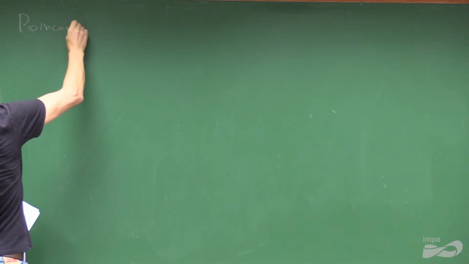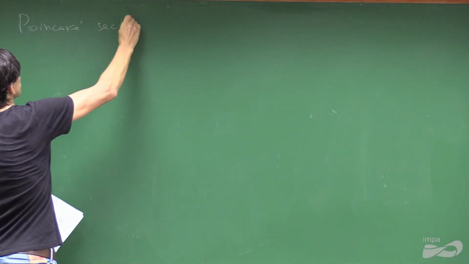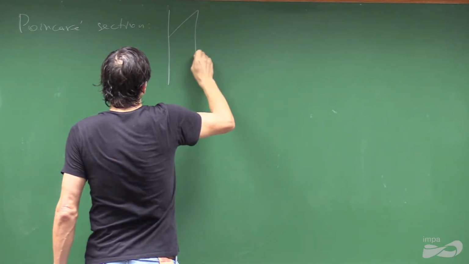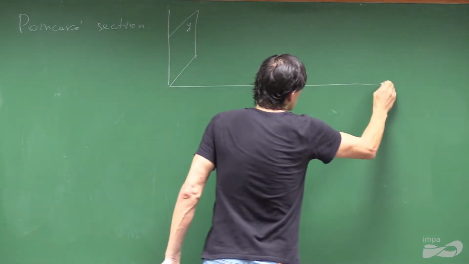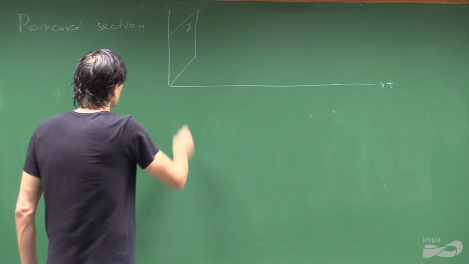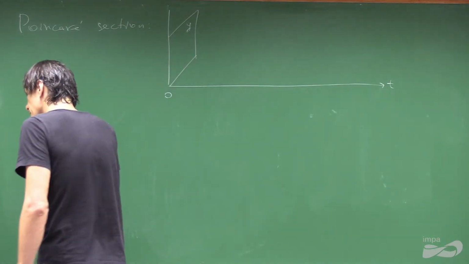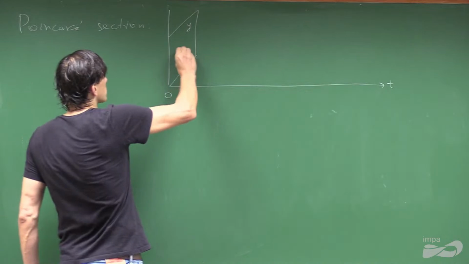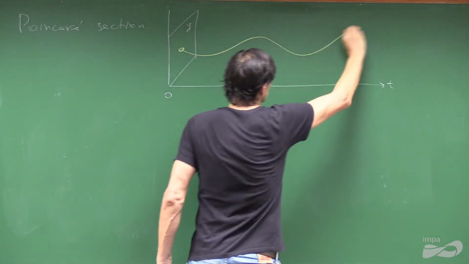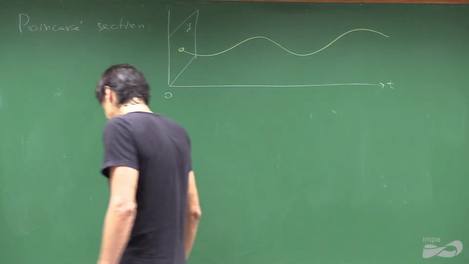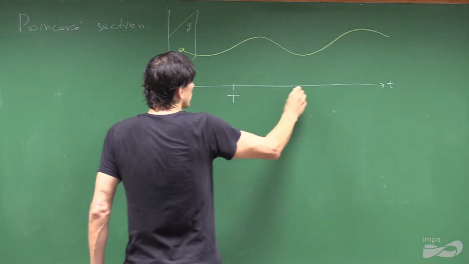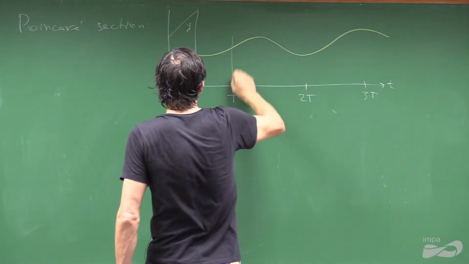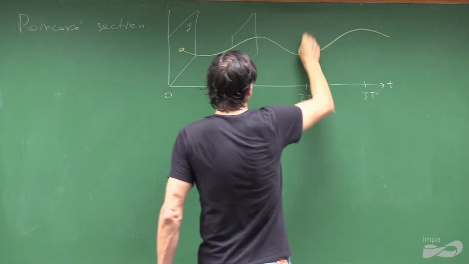So the Poincare section. The idea of the Poincare section is that you consider your y space and time, so it's space-time, and you take the initial point at time 0, and then your solution is just a certain curve, and we will consider this curve by making snapshots at integer numbers of periods.